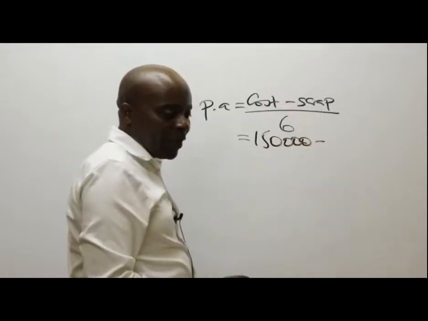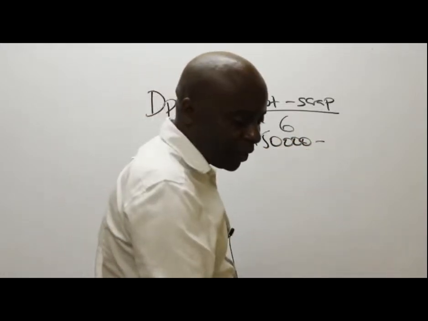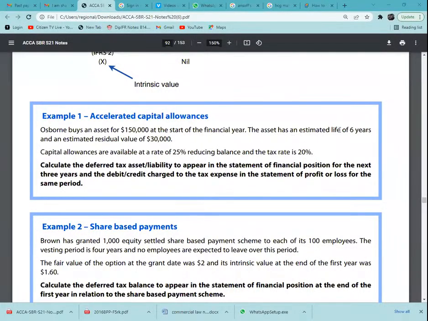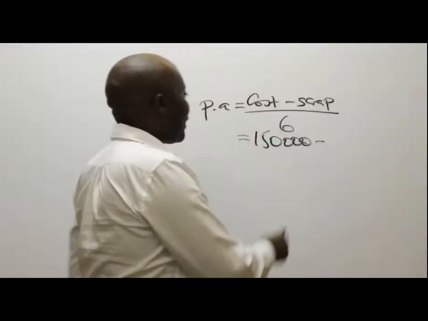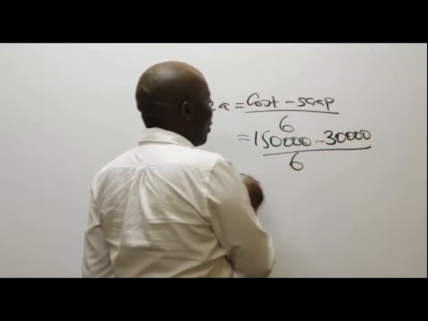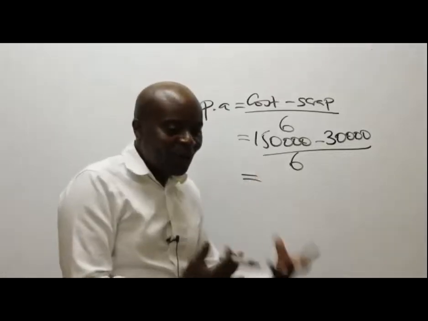What is the scrap value? Has the examiner given us a scrap value? Yes. He has said the estimated life is 6 years and an estimated residual value of 30,000. So minus 30,000, and then everything to be divided by 6 years. Quite an easy thing. This is a low-hanging fruit.